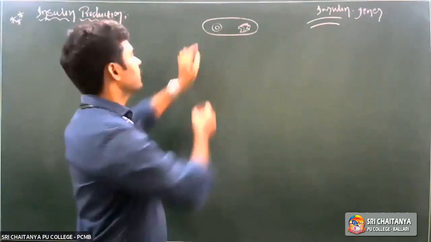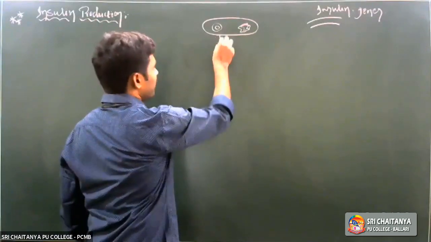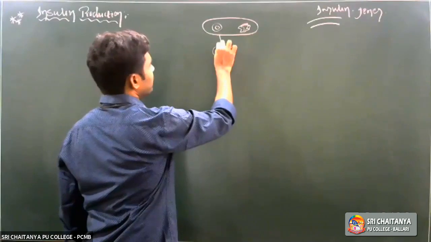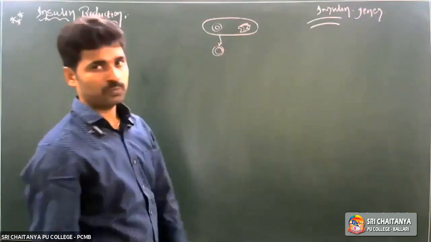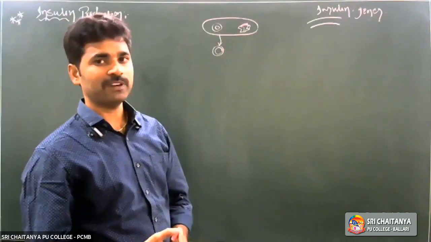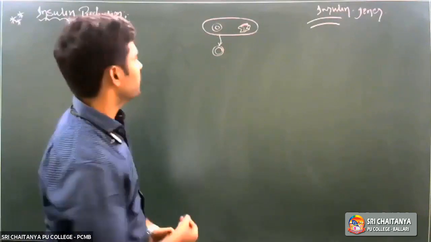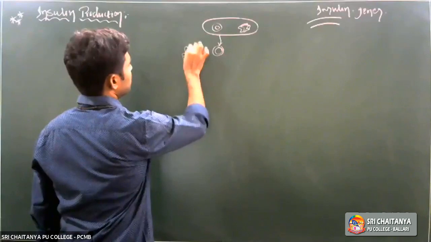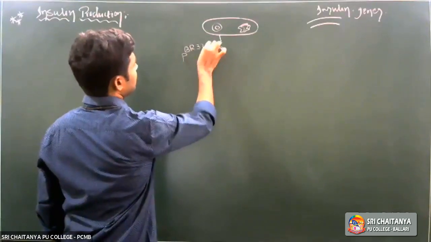That's the reason we isolated that plasmid from the bacterial cells. Again, it is reconstructed into pBR322, a modified plasmid.